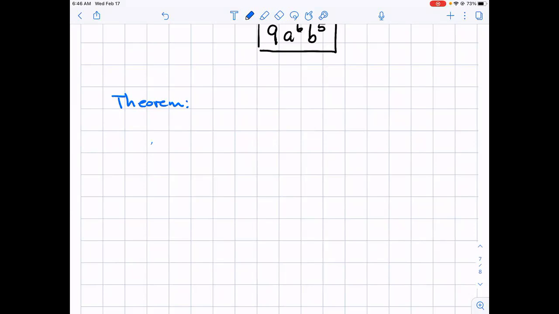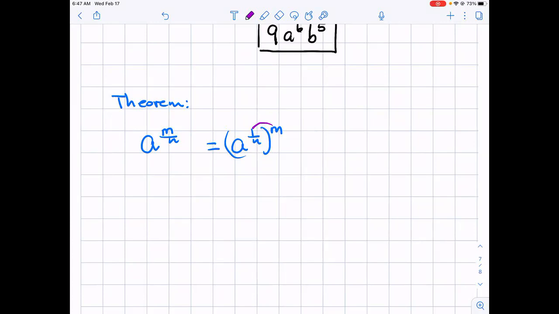If we have a to the m over n, this is the same as a to the 1 over n times m, because when we distribute what's on the outside, we still get a to the m over n.